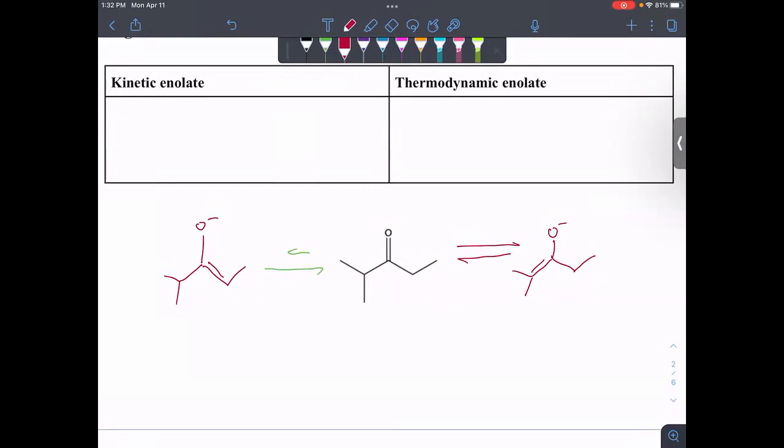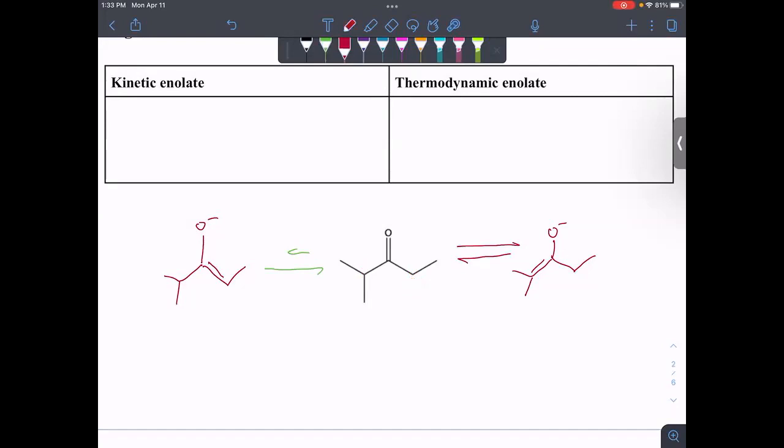So now, how do you tell the difference between these two? What makes it kinetic versus thermodynamic? What about the number of hydrogens? Yeah, if a carbon has more hydrogens, it's less sterically hindered, so it's a lot easier to abstract the hydrogens. On this CH2 there are a lot more hydrogens than on this side, which is just 2 methyl groups. So it's a lot easier for a base to come in on this side and abstract from here.